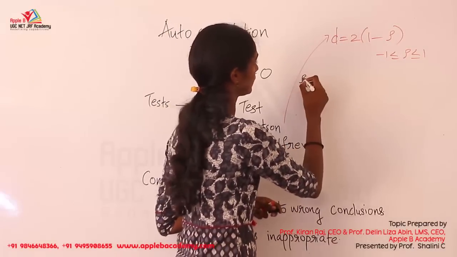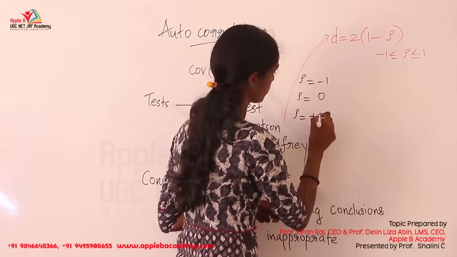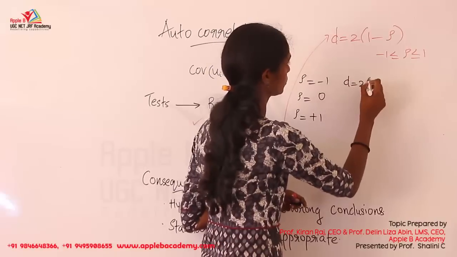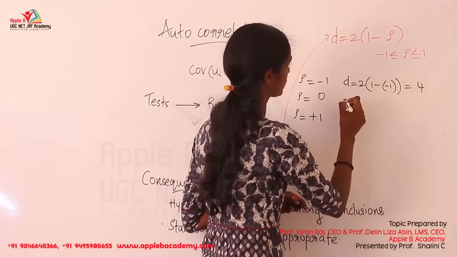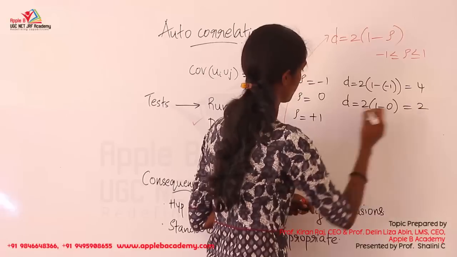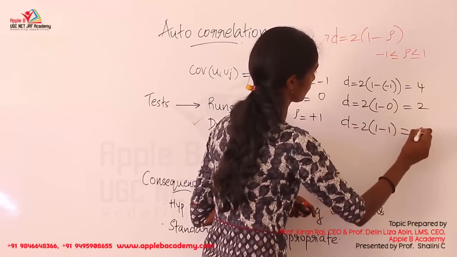So what will be the value of D? Rho is equal to minus 1, rho is equal to 0, rho is equal to plus 1. When rho is equal to minus 1, D is equal to 2 into 1 minus minus 1, which is equal to 4. When rho is equal to 0, D is equal to 2 into 1 minus 0, which is equal to 2. And when rho is equal to plus 1, 2 into 1 minus 1 is equal to 0.